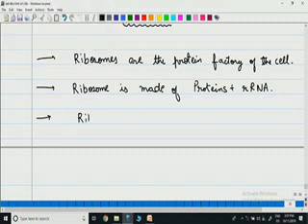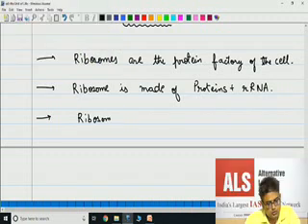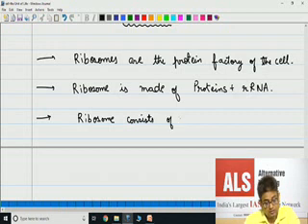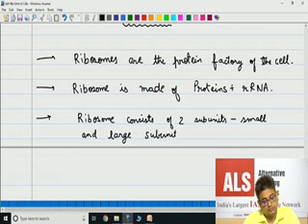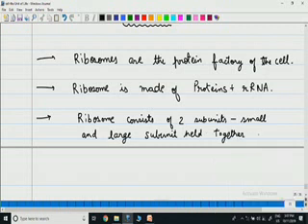Ribosome consists of two subunits, small and large subunit, held together by magnesium ions.